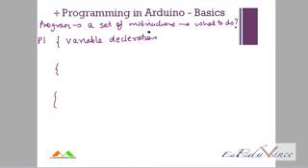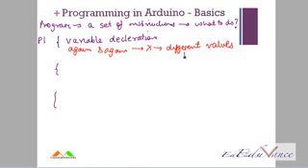So what do you do in your variable declaration? Say in part of your program, there is some value or some object that you would use again and again, and that object, let me say X for example, can take different values.